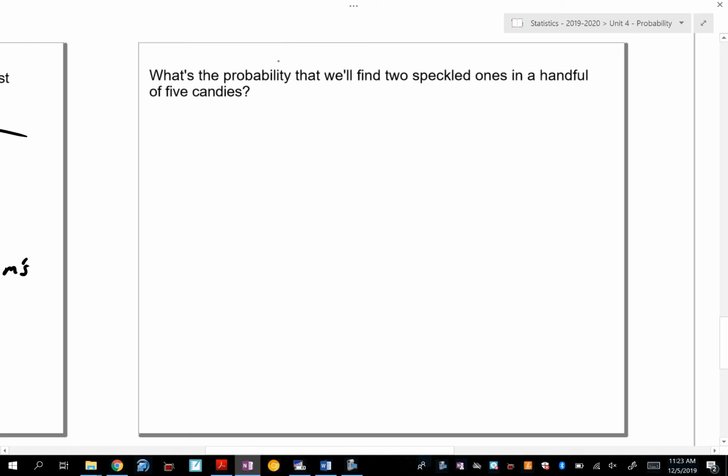That is a binomial model. So in this case, my random variable is no longer how many until I get my first success. That's waiting, that's geometric, that's not what we're doing here. Now it's how many successes, which is 2.